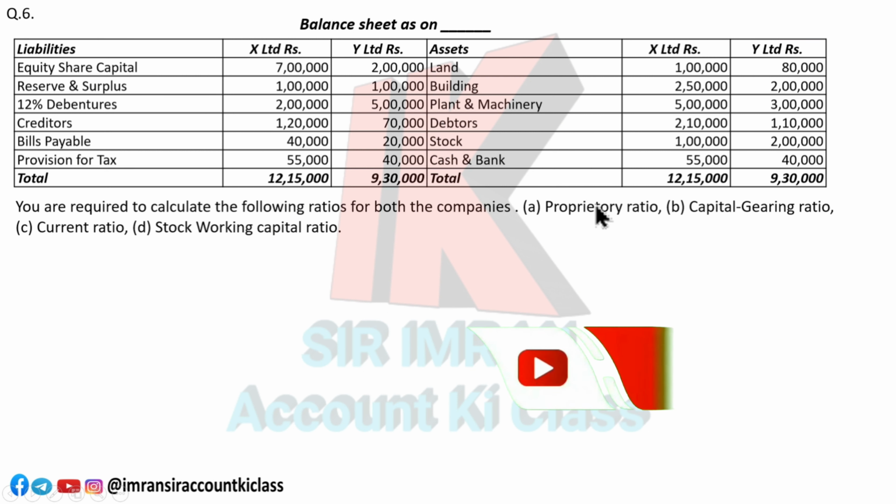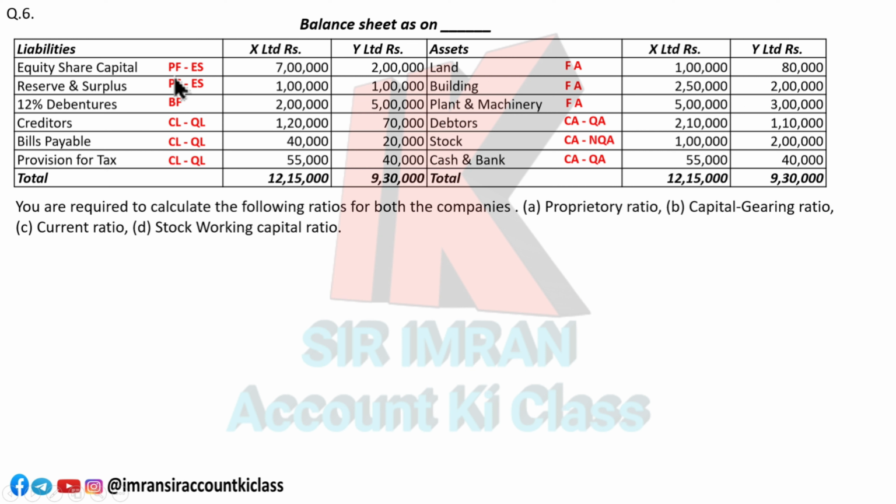Before starting with the ratio, please put a tick mark on which entry will appear where. Equity share and reserve will appear in proprietor fund. Debenture is borrowed fund. Creditor, bills payable and tax are current liability as well as quick liability. There is only one non-quick liability, that is bank overdraft, and the remaining others are quick liability.